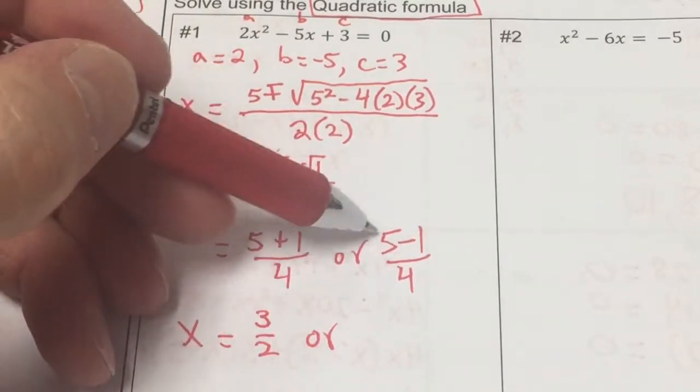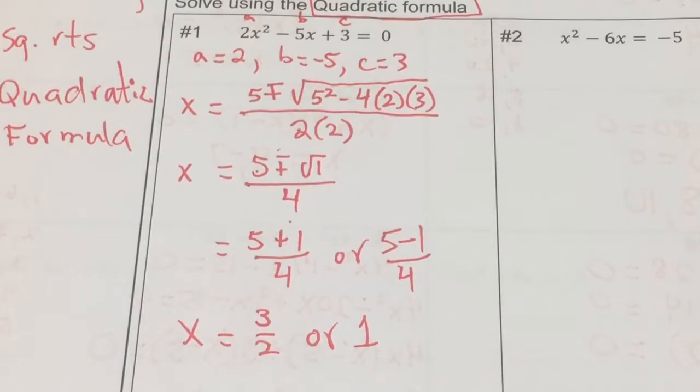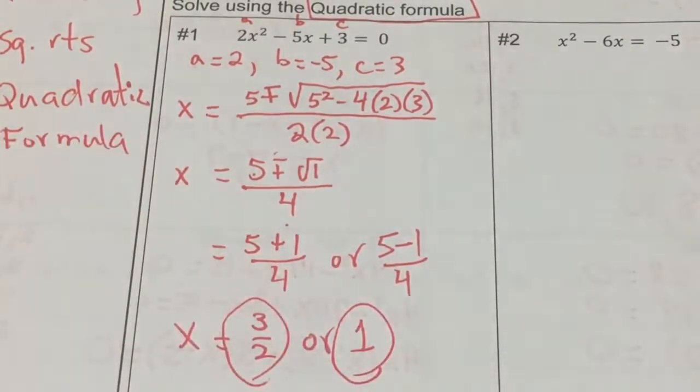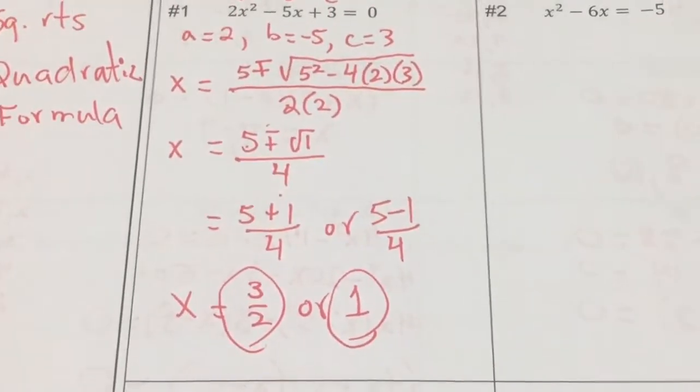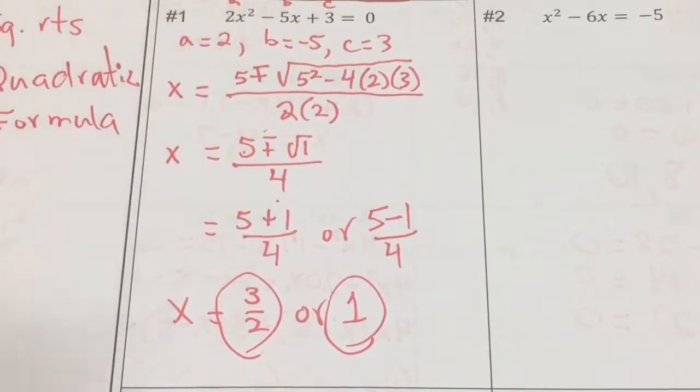And this one is 4 over 4, which is 1. So when you get nice, easy answers like this, that's when it tells you that maybe it would have been easier to just factor that instead of doing the quadratic formula.